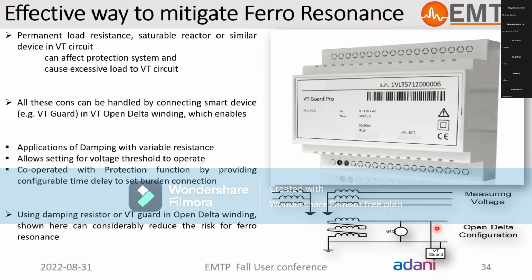It also allows setting of a voltage threshold to operate the device itself, and it works with the protection in a tandem manner by providing a configurable time delay to set the burden connection. Now, using a damping resistor or VT Guard in the open delta winding shows considerable reduction of the risk of ferroresonance itself.